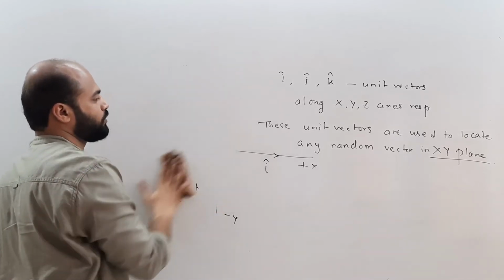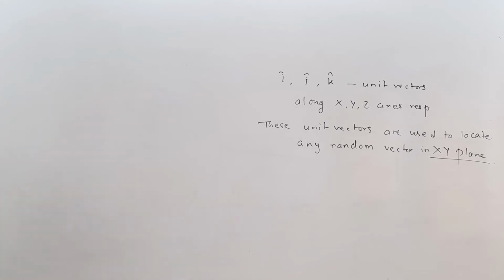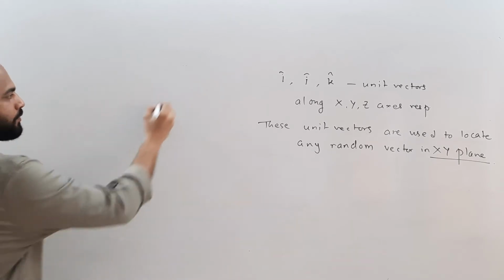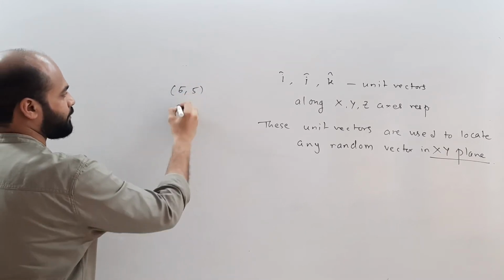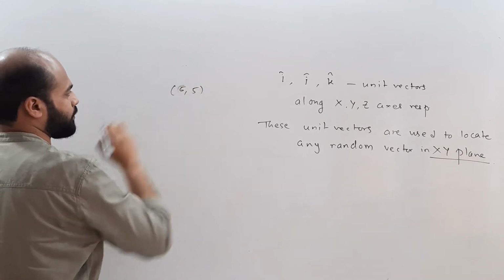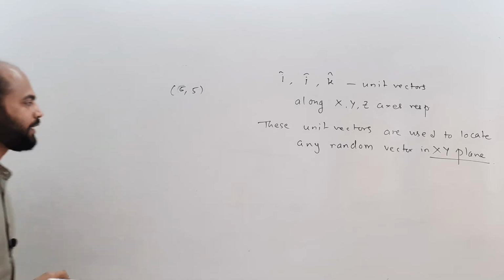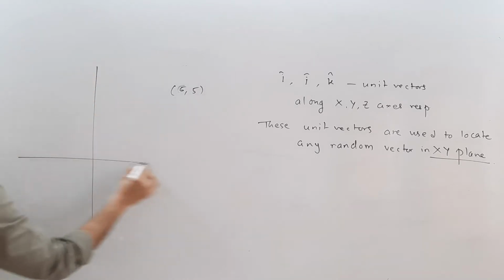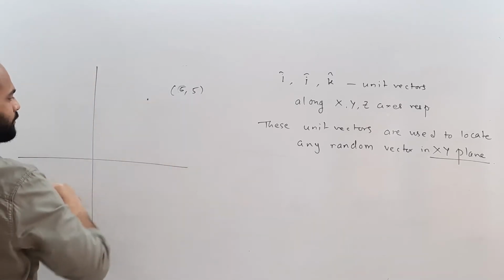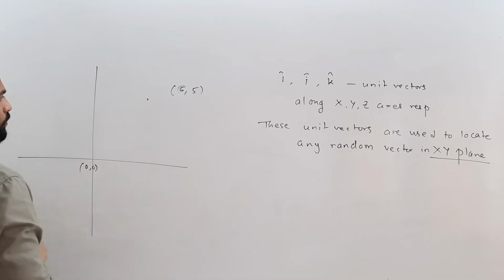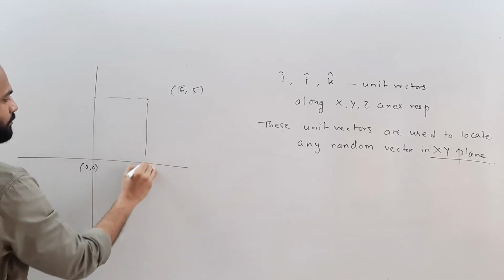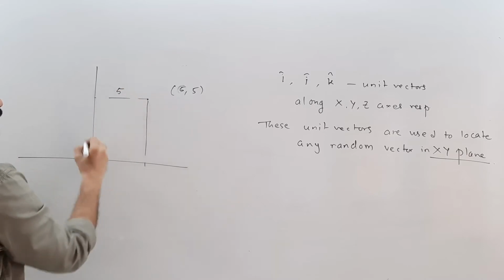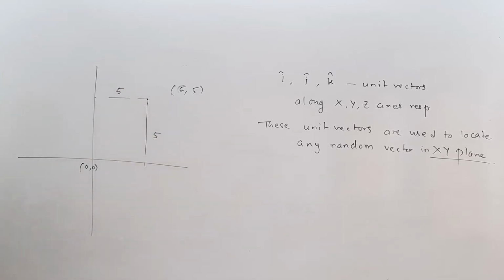Let us see how these unit vectors actually help us. Let's say I have to locate a point 5 comma 5 in the xy plane. Now this we have learned already in coordinate geometry. So let's say this is that point and this is the origin 0 comma 0. This is the x 5 units and this is the y 5 units.